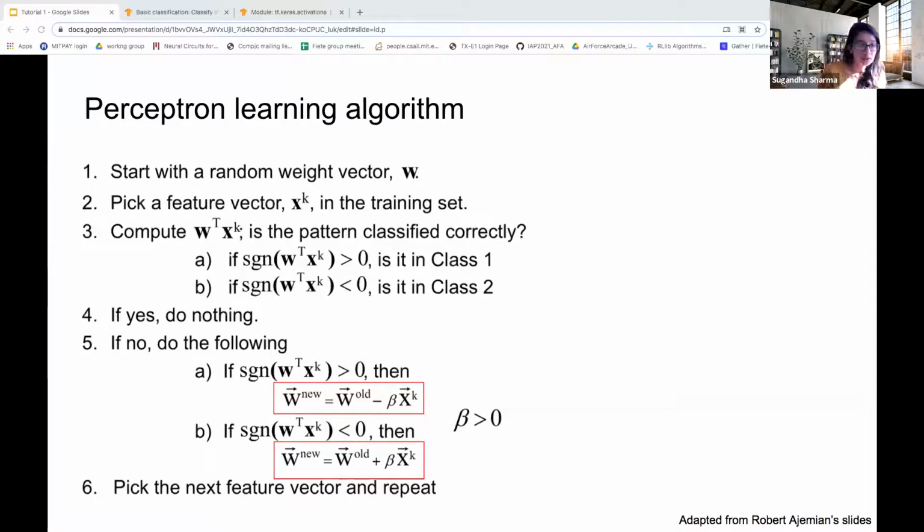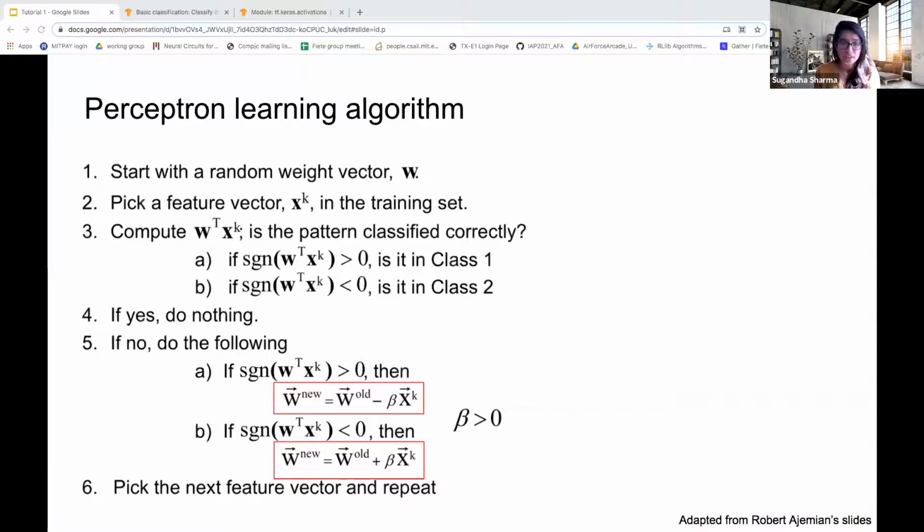And the way we update the weights is given here. If our output was positive, but we actually wanted it to be negative, because it has incorrectly classified this particular feature vector, then we modify the weights by saying that our new weights will be our old weights minus some learning rate times our input vector.